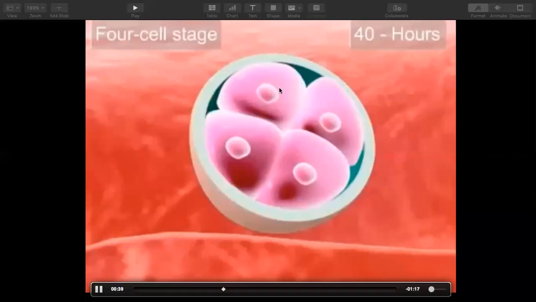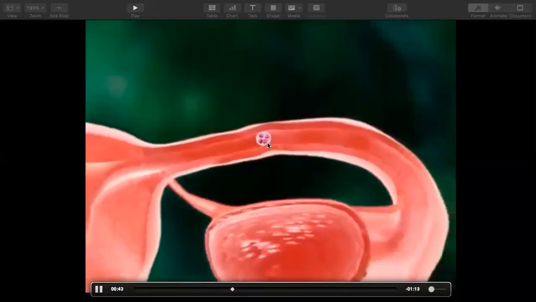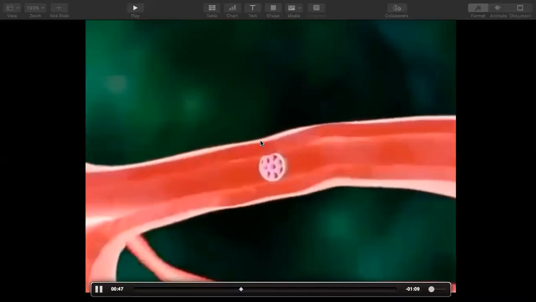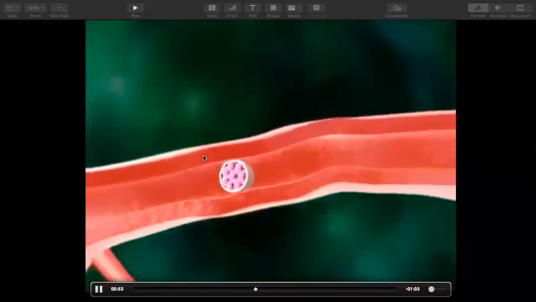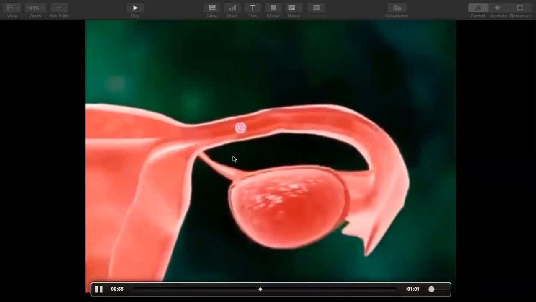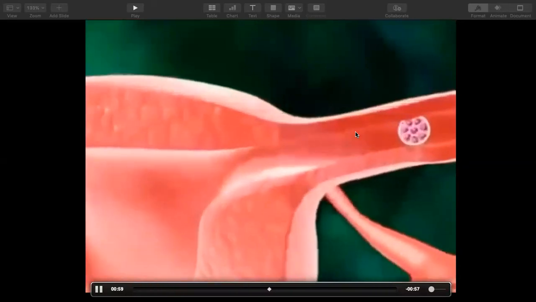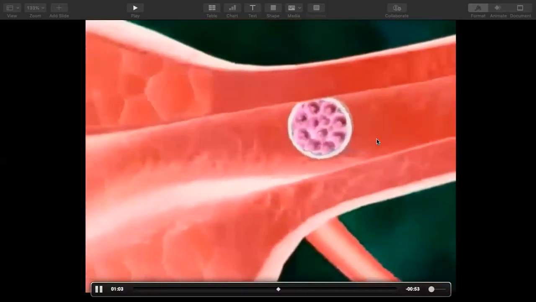So cleavage furrows appear, dividing into a number of cells. You can see single cell to 4 cell stage, 8 cell stage. 8 cell stage is called early morula. Early morula becomes late morula by the 16 to 32 cell stage, then finally the 108 cell stage, then it starts converting into a blastocyst.